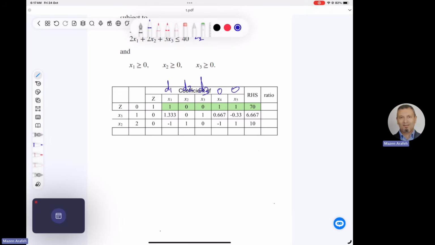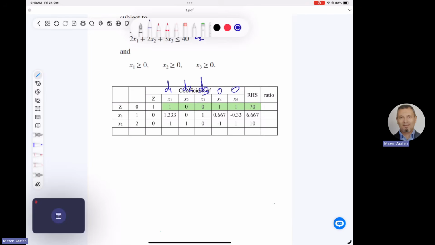And the right-hand side is 70, so my optimal solution, X1 is equal to 0, X2 is equal to 10, X3 is equal to 6.667, and X4 is non-basic, therefore its value is 0, and X5, again, its value is 0 because it is also non-basic.